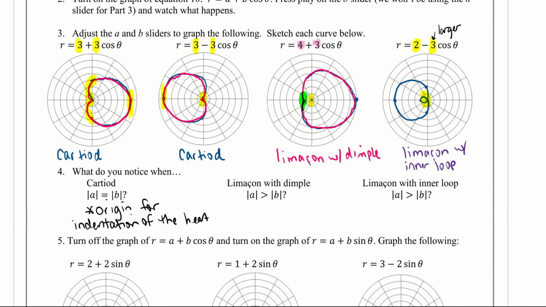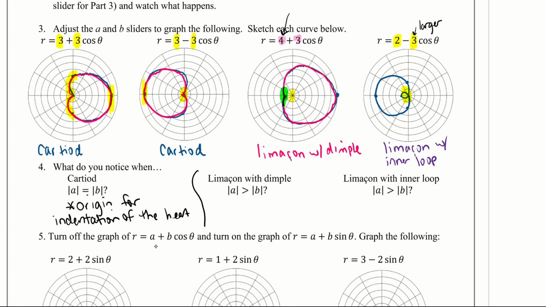For a limaçon with dimple, this number right here, A, is going to be larger than B. Now, they can have various signs, but the absolute value, their magnitude, would be larger than B. And just a note, this one would never go through the origin. We'll see why when we explore this a bit more. These will never go through the origin.